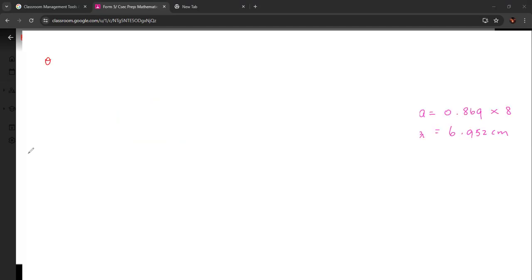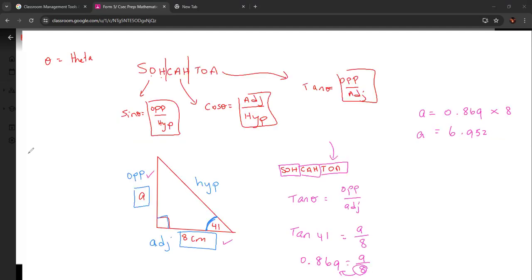Right, now when it comes to this one, like with angles and so on, with sine, cosine, tangent, there's going to be a little leeway with respect to the decimal, right? Because it all depends on how much you rounded it off to.